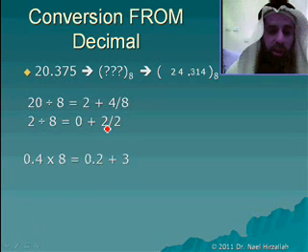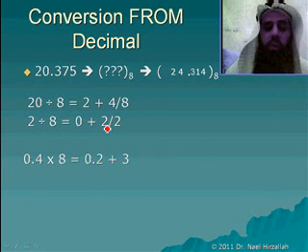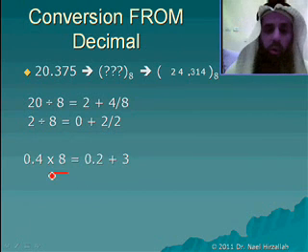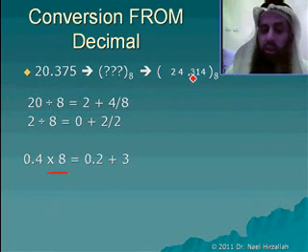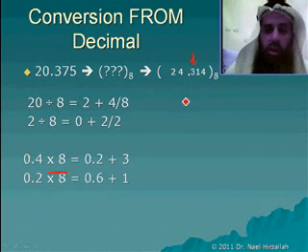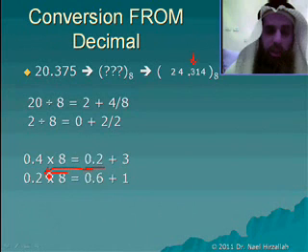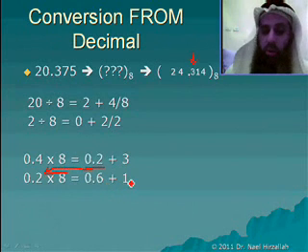However, for the value that is to the right of the decimal point, we take it and multiply it by 8, and we get 3.2. We take the 3 and place it next to the dot, and we have 0.2 and multiply by 8 again. We get 1.6. We place the 1 next to the 3, and so on.